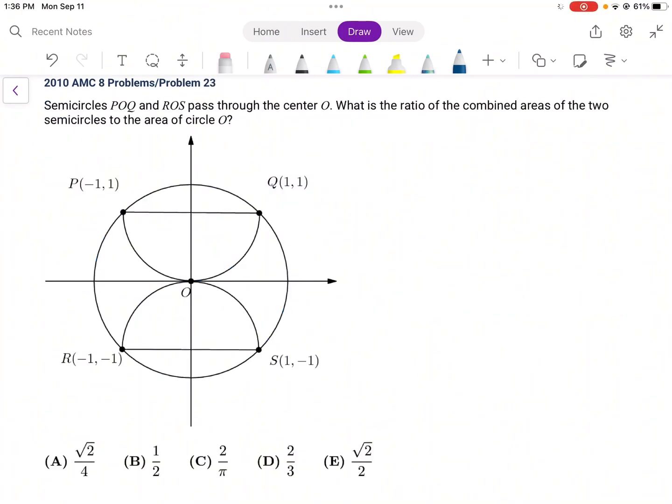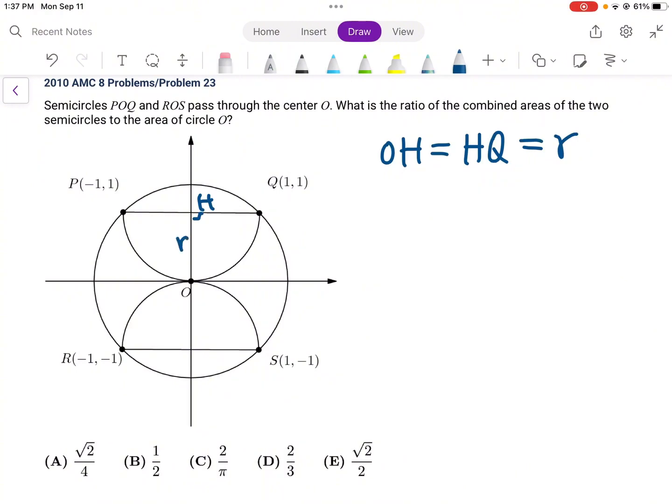Let's assume PQ crosses the vertical axis at H. Because POQ is a semicircle, that means OH is perpendicular to HQ, and OH equals HQ equals smaller r, which we assume is the radius of the semicircle.